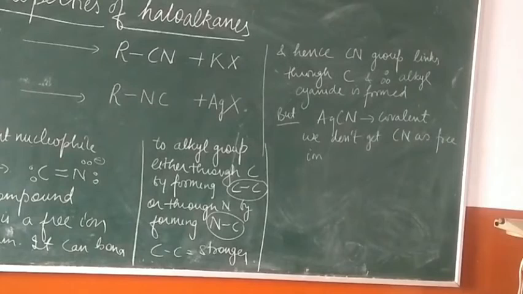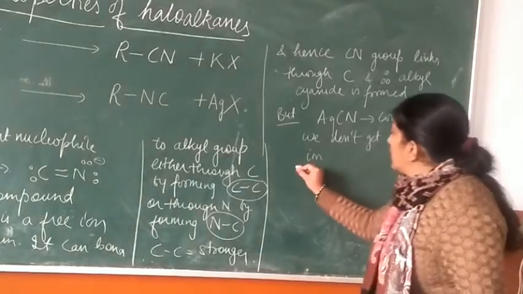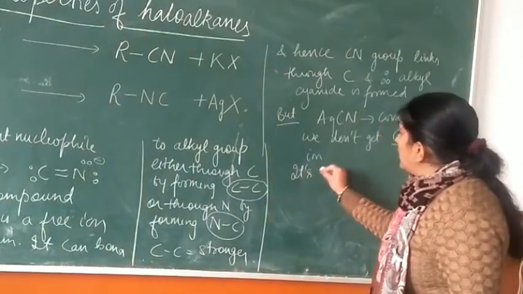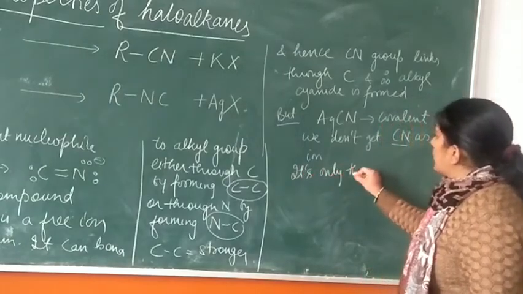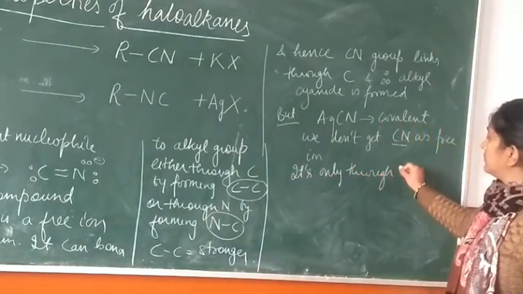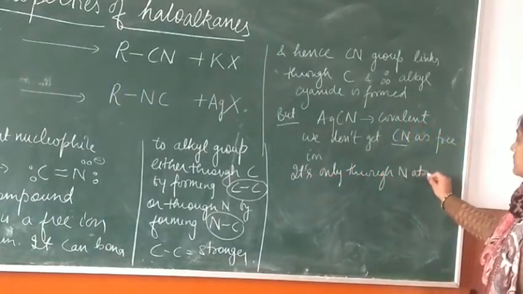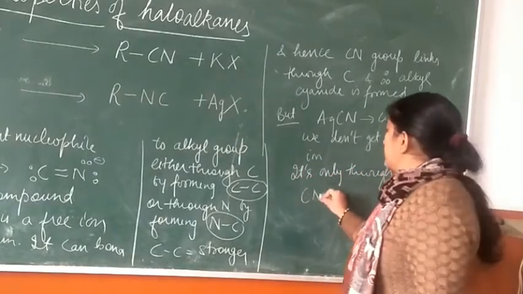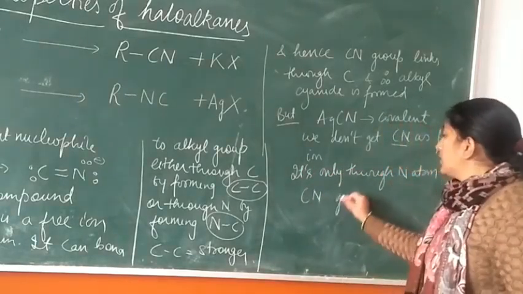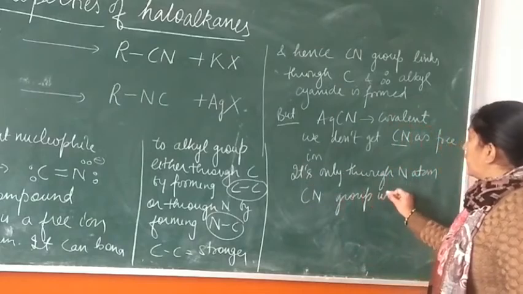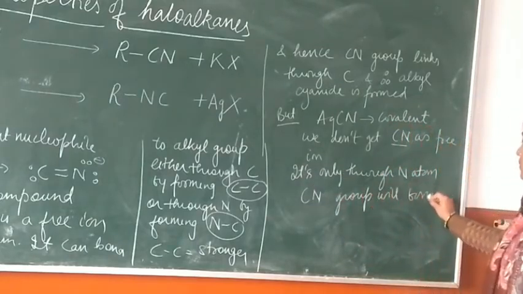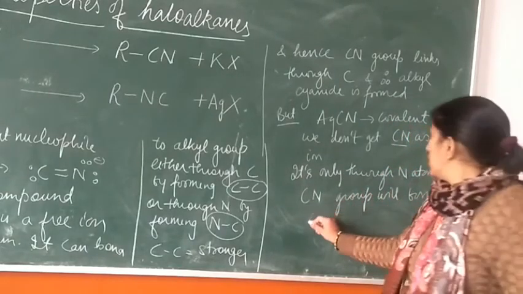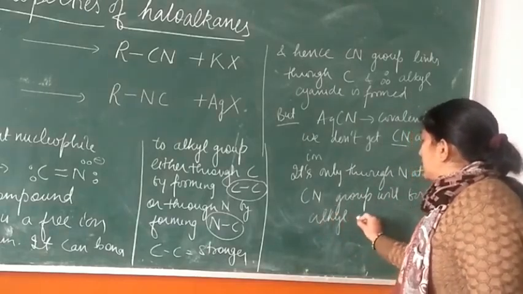So it is only through the nitrogen atom that the cyanide group will bond to the alkyl group.